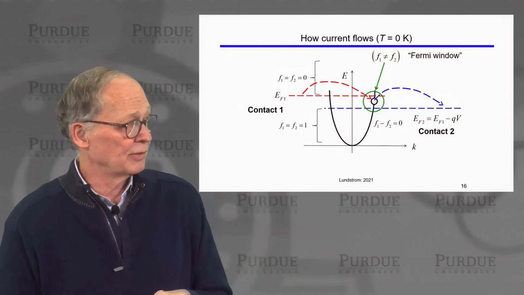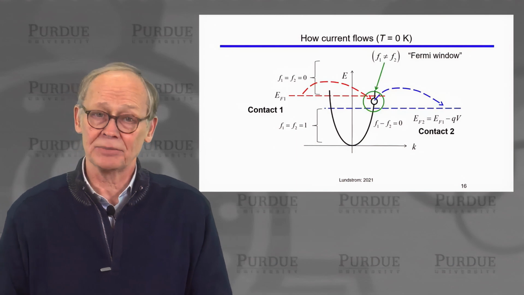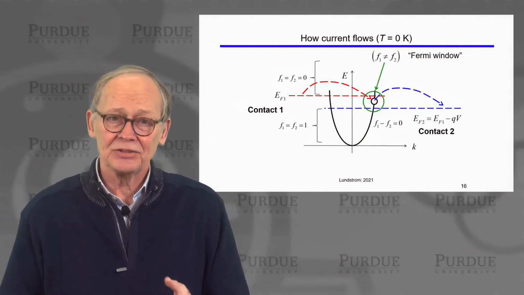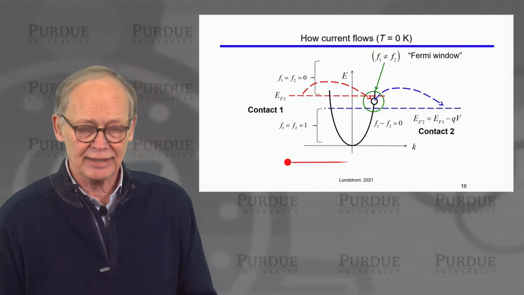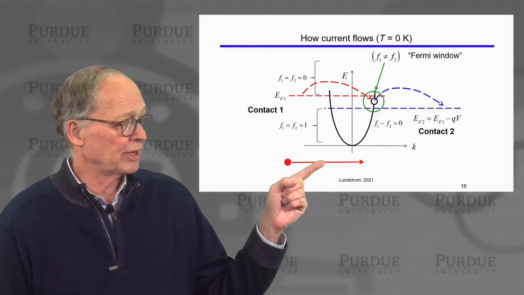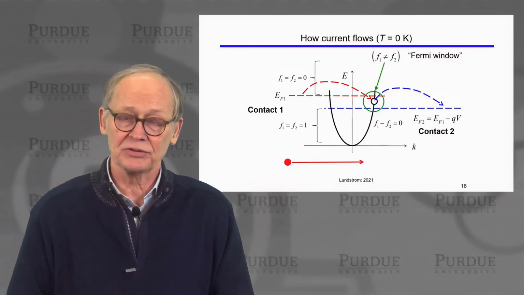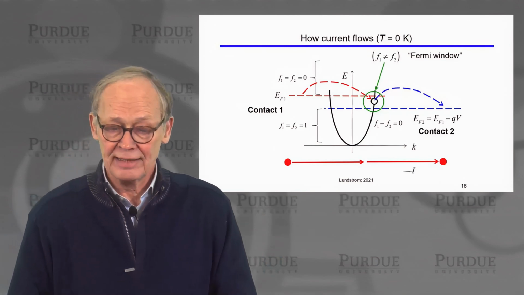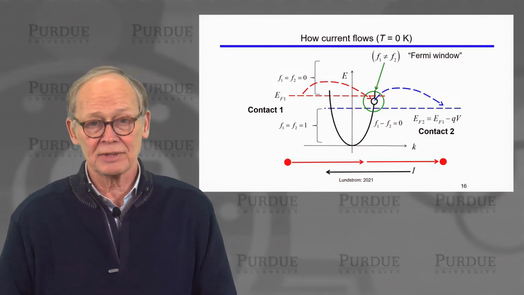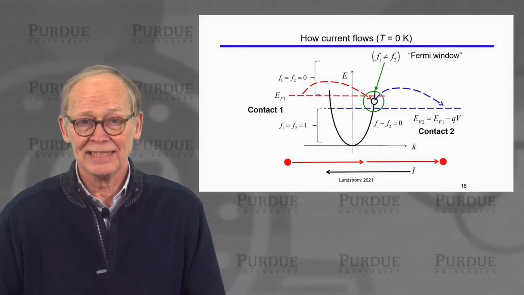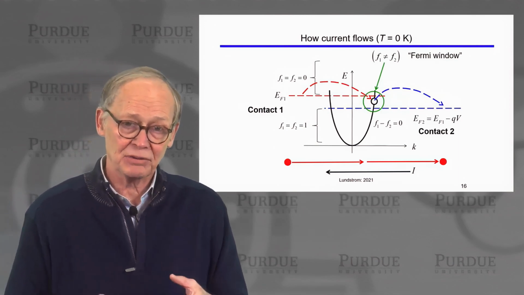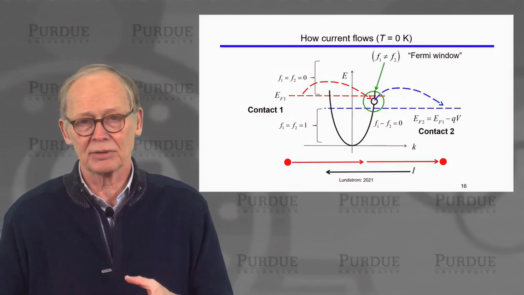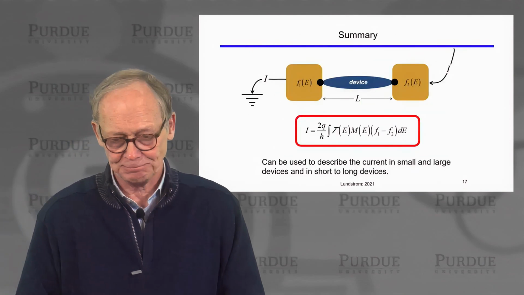And therefore, the electron flows out into contact 2 to empty that state. That leads to a continual steady state flow of electrons in from contact 1 to fill the state, out into contact 2 to empty the state, and that represents a current that flows into contact 2. That's our simple physical picture of how current flows in a nano device.